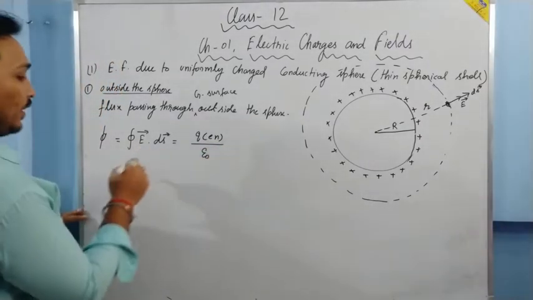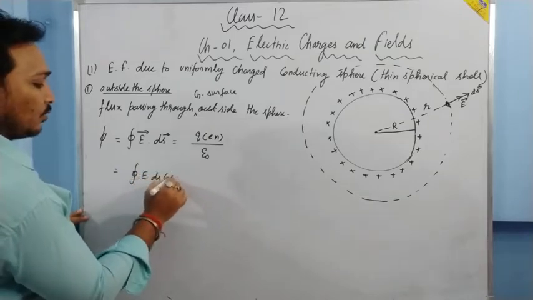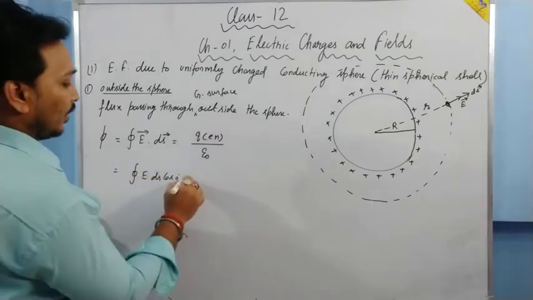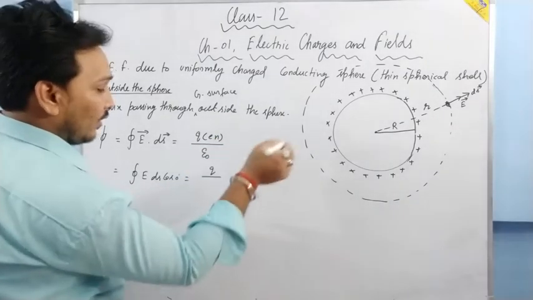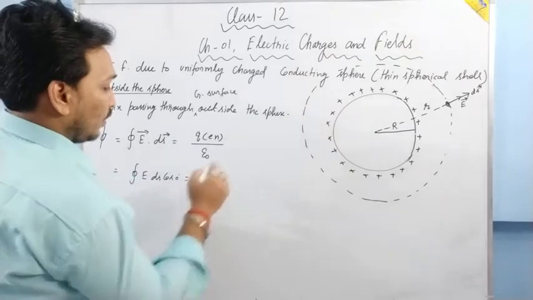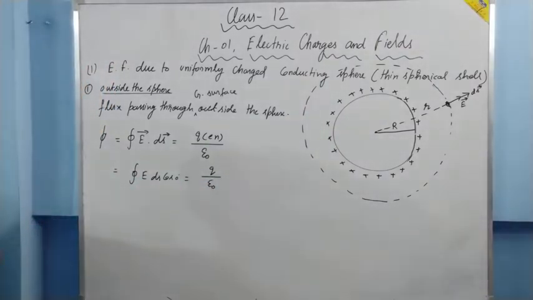Now when we solve this, E dS becomes E dS cos 0 because they are in the same direction. For q enclosed, the whole sphere is inside the Gaussian surface, so the whole charge will be considered. Now the value of cos 0 is 1.